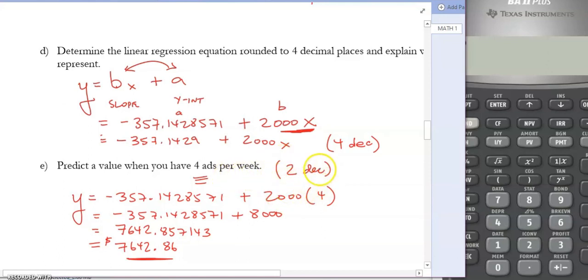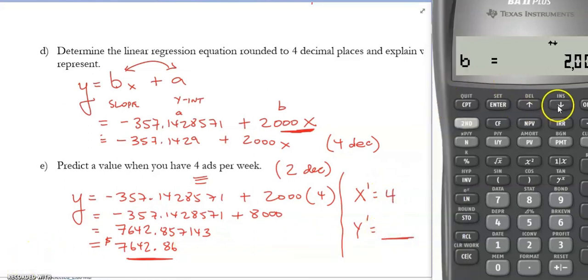Okay. Now, our calculator also has a built-in function. I'm just going to put x prime, y prime here. And we're going to put x equal to 4, and we're going to try to find out what y is. So if you scroll down next, and you have your x prime here, if we put in 4, go 4, enter, and scroll down, and hit compute, then you have the exact same value.